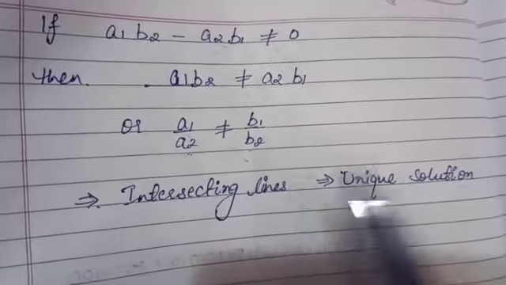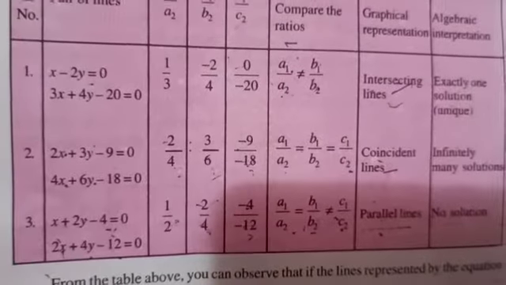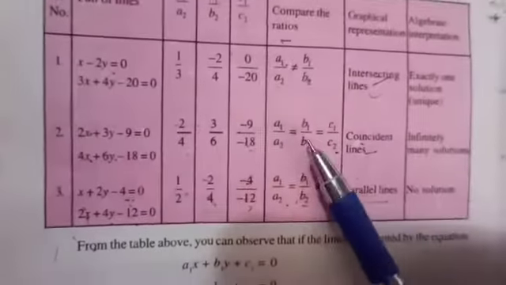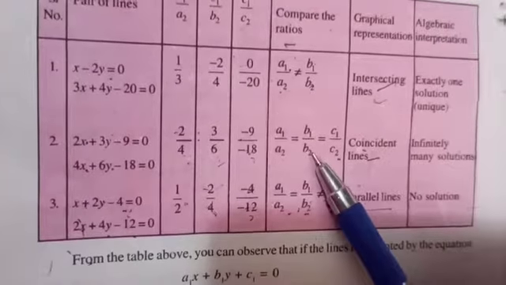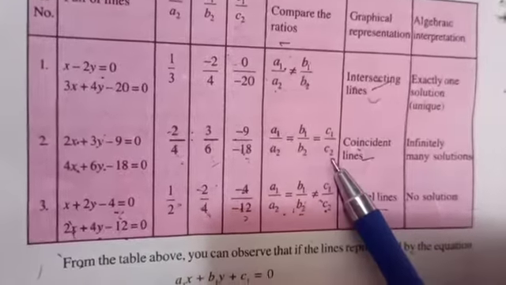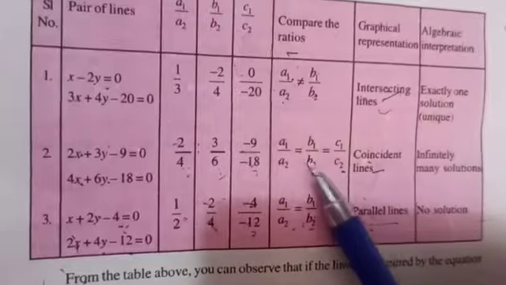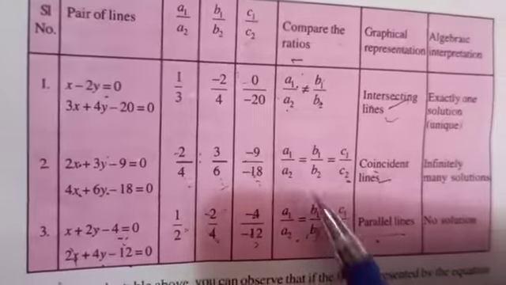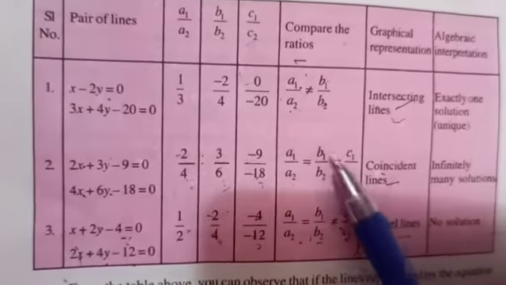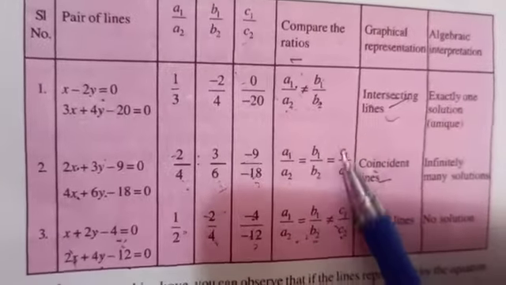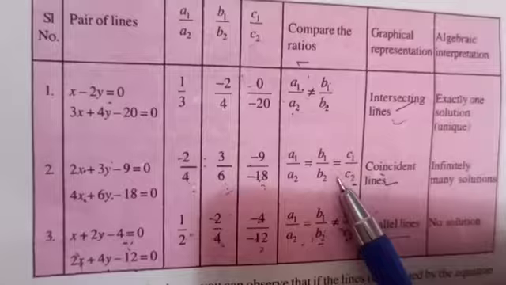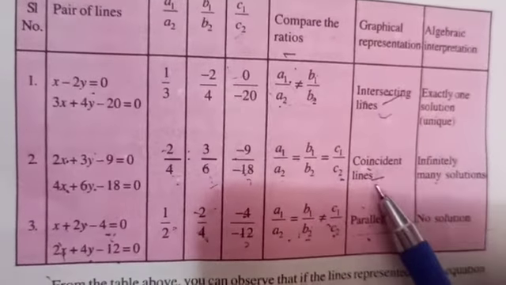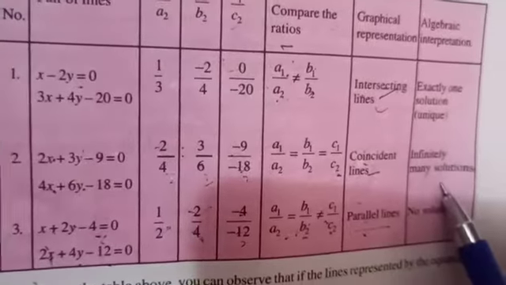Otherwise, the other two cases arise. So what are the other two cases? If a1 by a2 equals b1 by b2 equals c1 by c2, you will check these ratios. If all the three ratios, that is the ratio between coefficients of x, the ratio between coefficients of y, and the ratio between constant terms, are equal, then you will have coincident lines or infinitely many solutions.